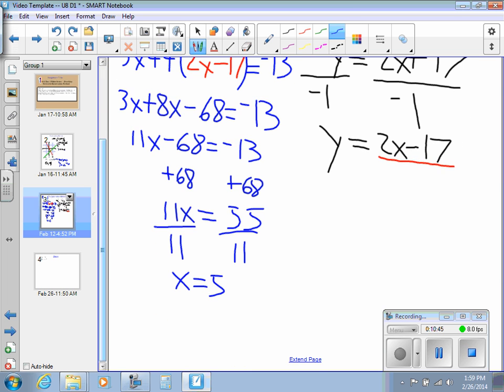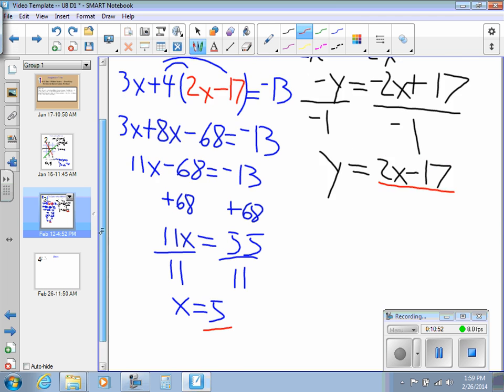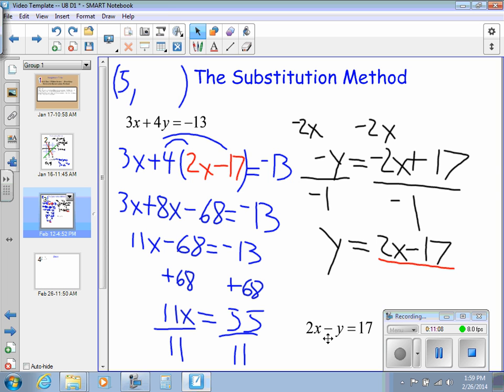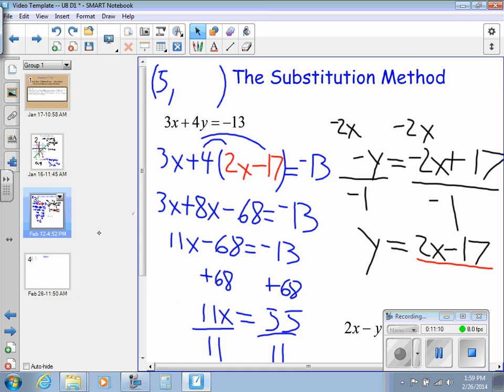So, how do I find the y value? Well, I'm going to take this 5, and I'm going to plug it in to one of these equations, and it doesn't really matter which one, in order to solve for y. And I think this is going to be the easier one to work with, so let me bring it down here. Whoops.